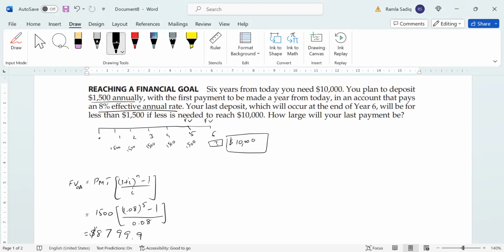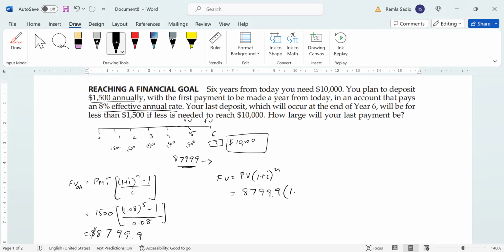Now, remember, to get this money into the 6th year, that means $8,799.9 is going to have 1 more year of interest added into it. And so here we're going to use our simple formula for lump sum. So future value is going to be equal to present value times 1 plus I to the power of n, where the present value is equal to $8,799.9. 1 plus I, again, we're talking about the same effective annual rate, so 1.08.